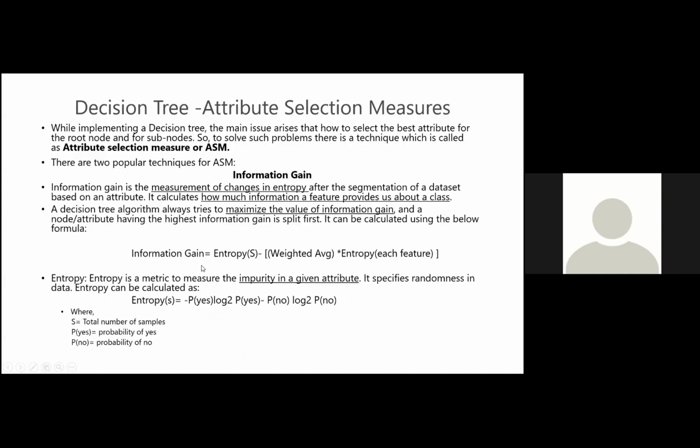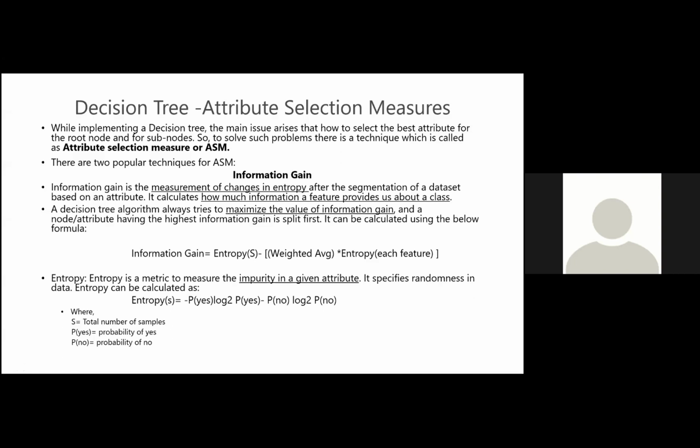The main crux of the decision tree is to select the best attribute for the root node, or for the next sub nodes. There is a technique called attribute selection measure, which identifies the best node for selection among all the available nodes. The most common technique used is information gain, which calculates the measurement of changes in the entropy.